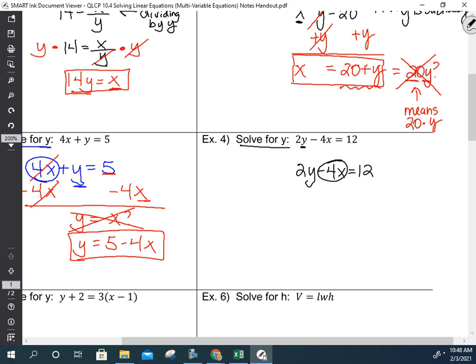So minus 4x, if we take the opposite of it, is adding 4x. Just to remind you, you can't do 12 plus 4 because the 12 doesn't have an x. So you have to leave it as 12 plus 4x. If this was 12x plus 4x, then it would become 16x.